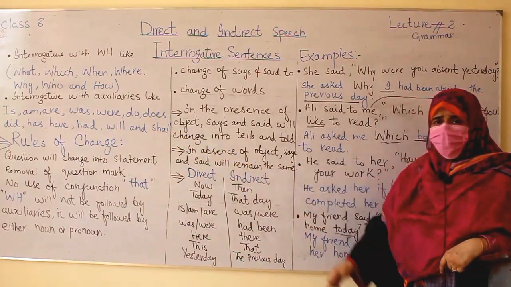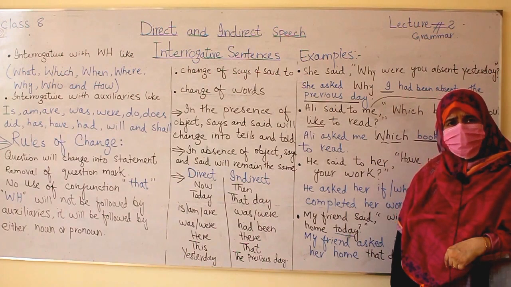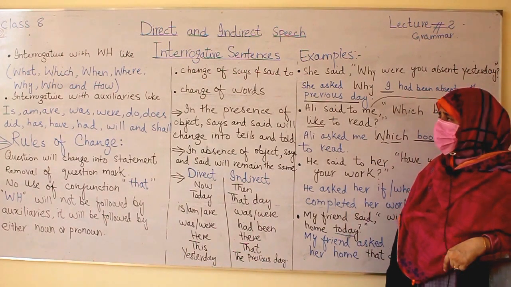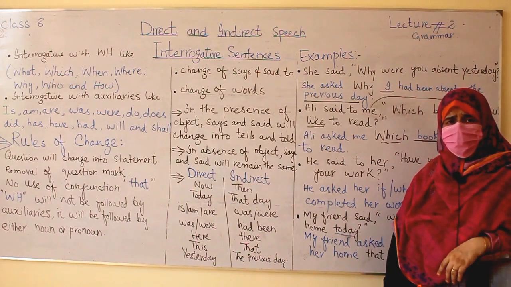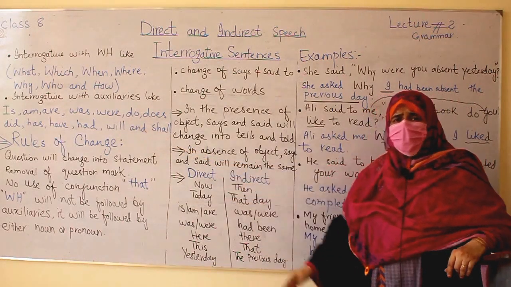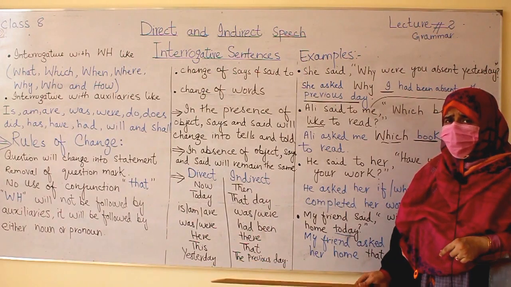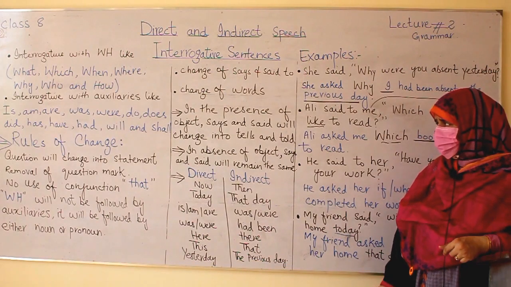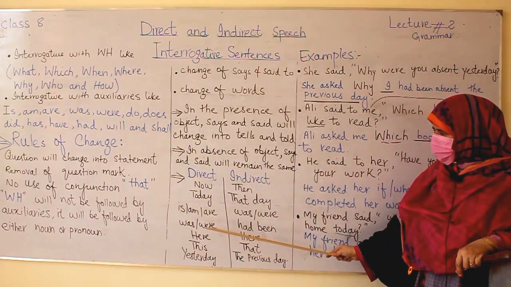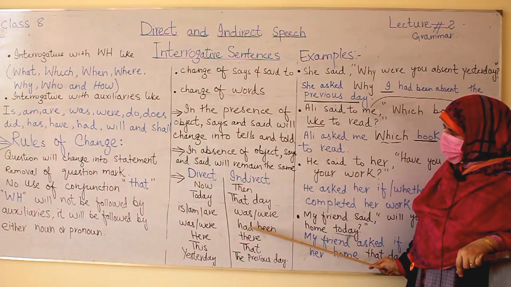Were they cleaning the room yesterday? Not now, because we are talking about past tense. They said if they had been cleaning the room the previous day. Because were, as we discussed earlier, and was, both of them will change into had been.